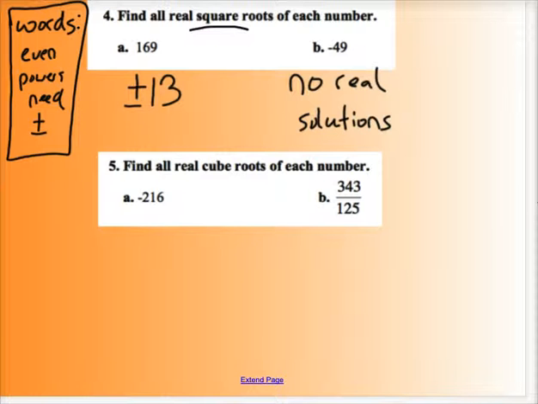Now, number 5, now we're dealing with cube roots. So now the whole plus or minus thing doesn't matter because that only applies to even roots. So when you type these into the calculator, you end up getting a negative 6. And for this one, remember when you use the calculator for fractions, make sure you use parentheses so nothing weird happens.